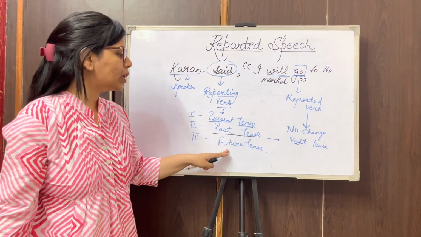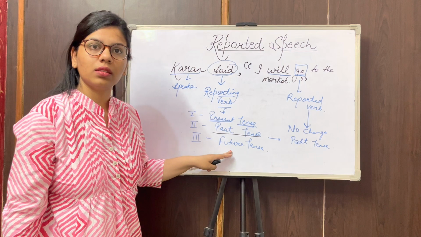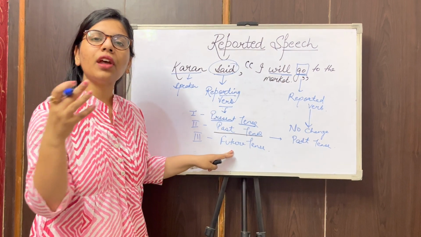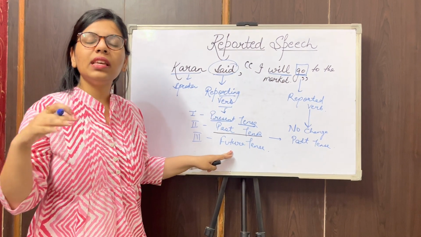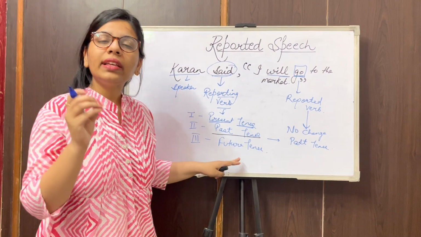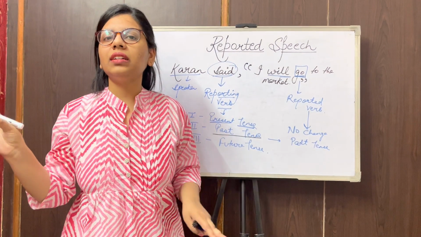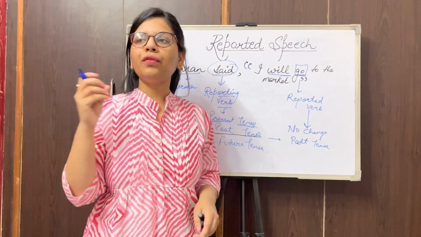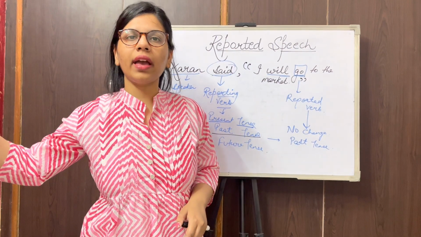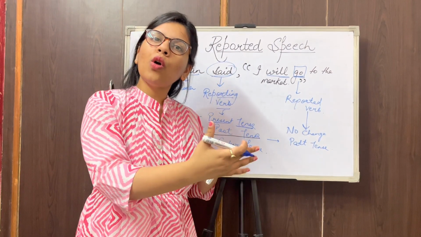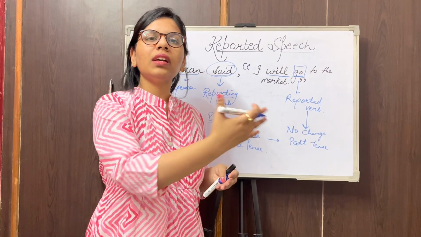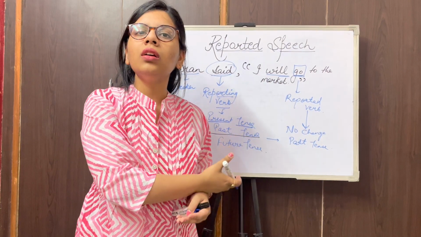And if the reporting verb is in future tense, so you are predicting कि रवि ऐसा कहेगा या सीमा ऐसा कहेगी. So again it will remain as it is. For example, you are saying रवि ऐसा कहेगा कि मुझे मैच देखना है. तो जब आप किसी को बताओगे जाके तब भी तो आप यही कहोगे रवि ऐसा कहेगा कि उसे मैच देखना है.